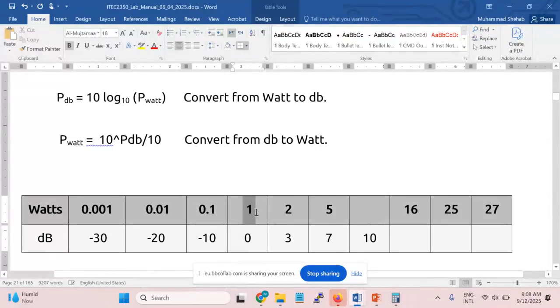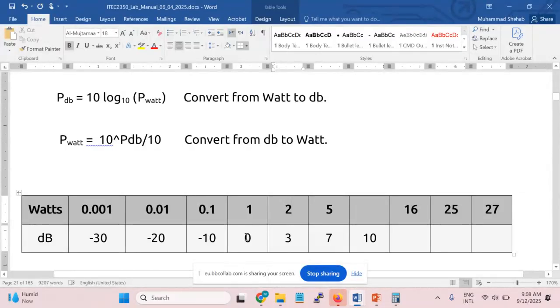Please focus on this. I added the 3 in dB, this means I double the value in watt. I will multiply 1 by 2, it equals 2.